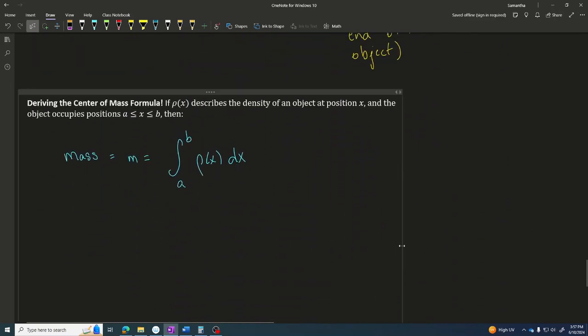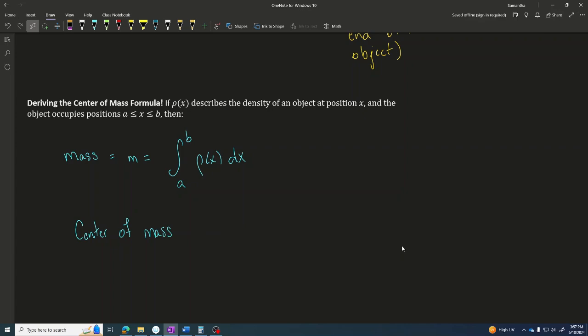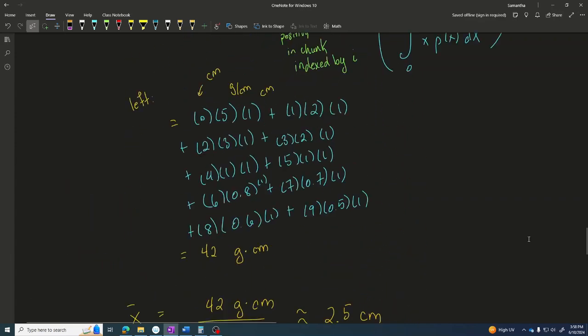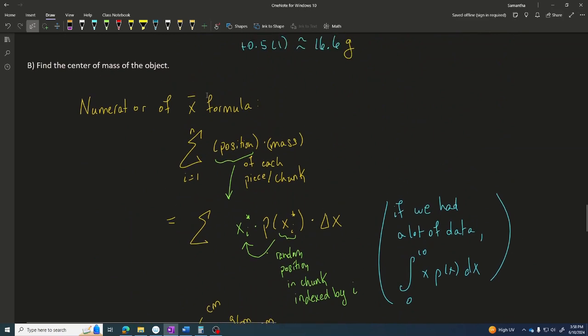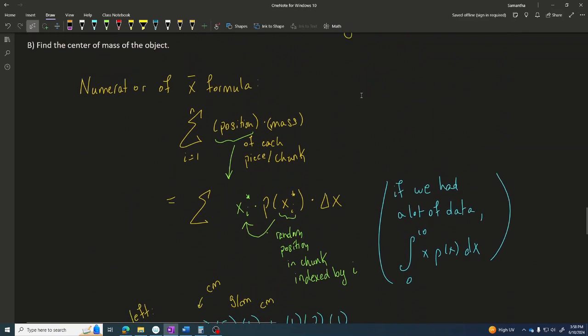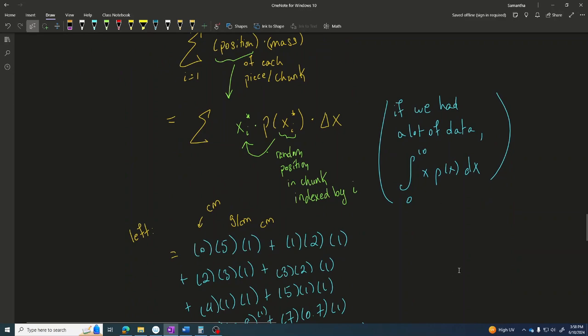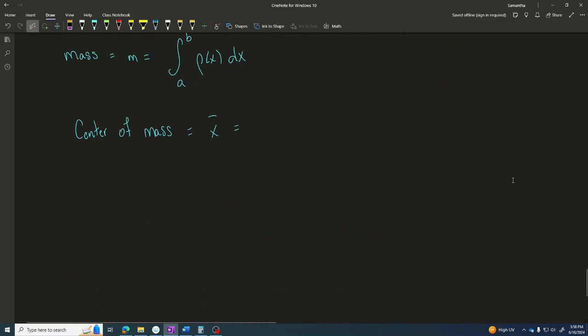And how do we calculate the center of mass? How do we calculate what we call x bar? We've made a note about that as well. The numerator of the x bar formula would become the integral of x times rho of x dx.